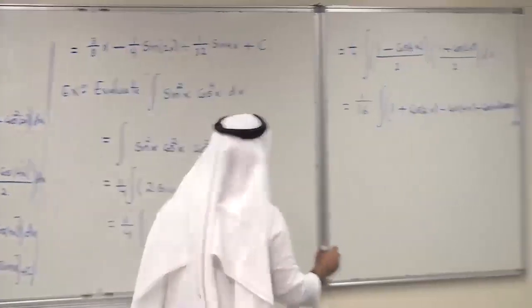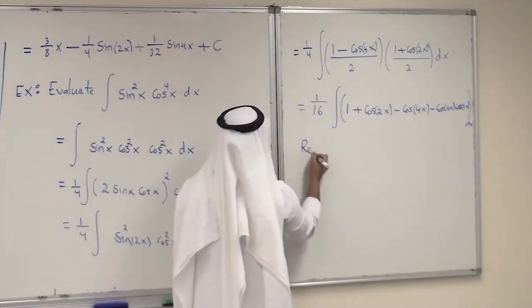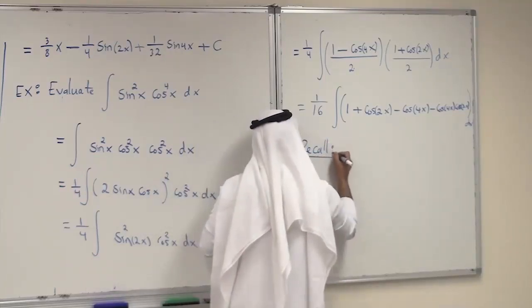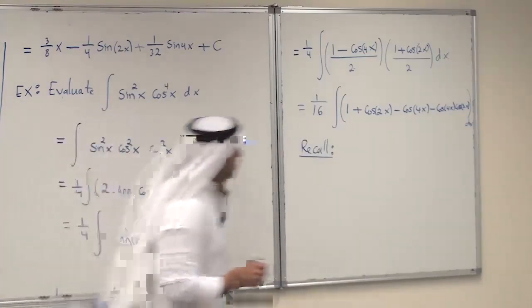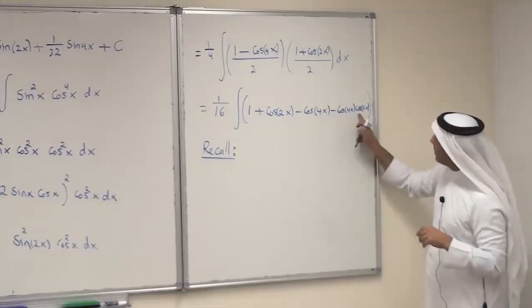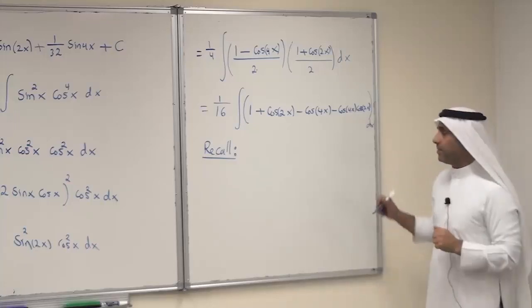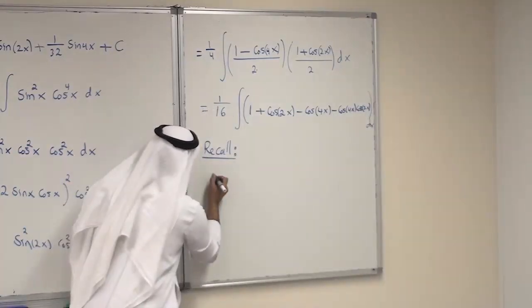I will just remind you of this, then I will proceed in the solution. Recall the following identities. That will be very helpful to find answers whenever we have cosine cosine, sine sine, cosine sine, with different angles, different arguments. Okay, what are these identities? Remember this.